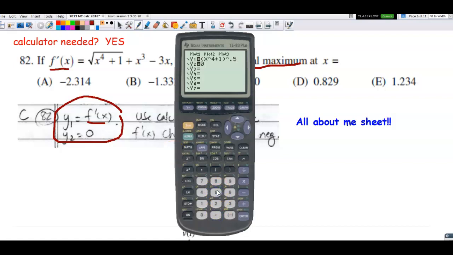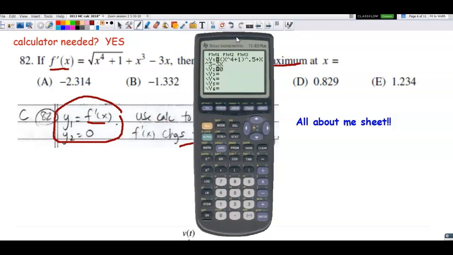So that's x to the 4th plus 1 to the 1/2 power, square root of, plus x raised to the 3rd power minus 3x. I already have y2 equal to 0, so I'm going to do a Zoom 6 window, which is my standard viewing window.